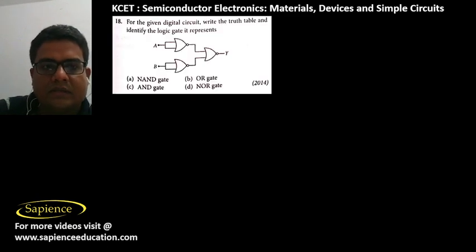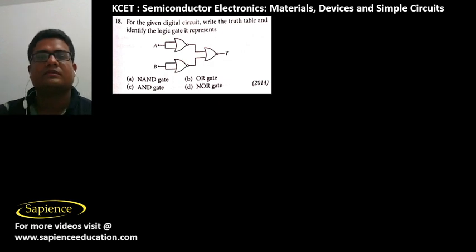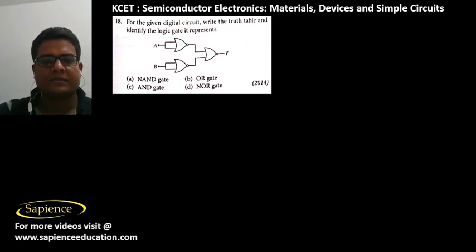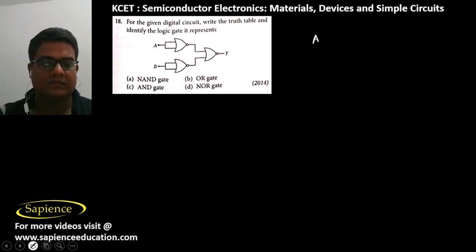Question number 18, it is told, for the given digital circuit, write the truth table and identify the logic gate it represents. So we have to find which logic gate it will represent. So this will be A or A whole not.